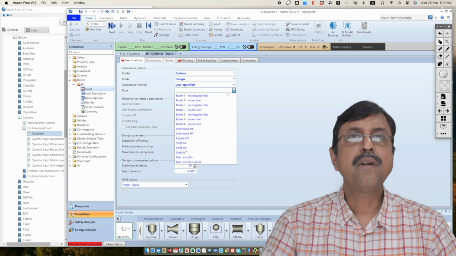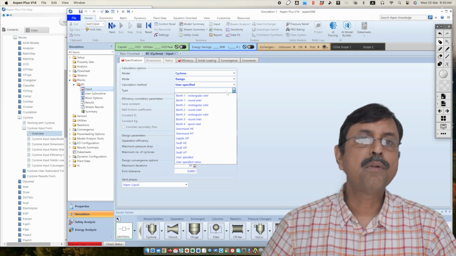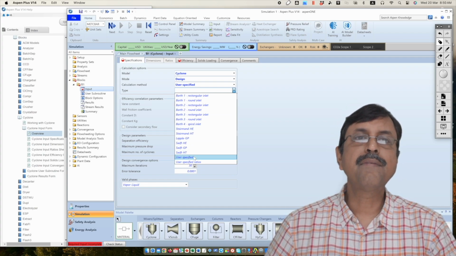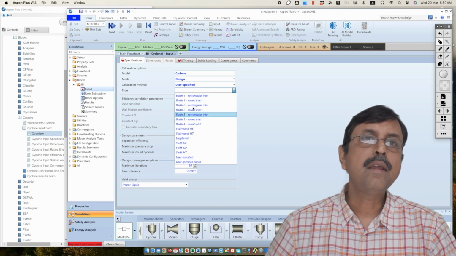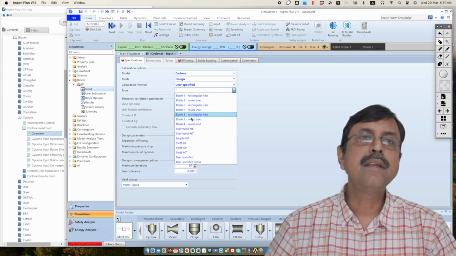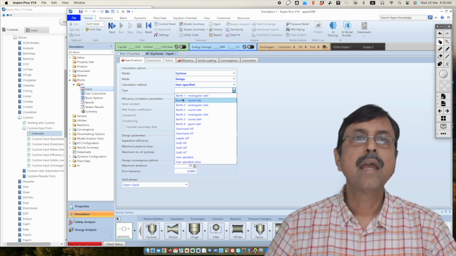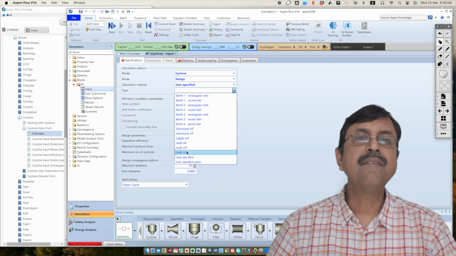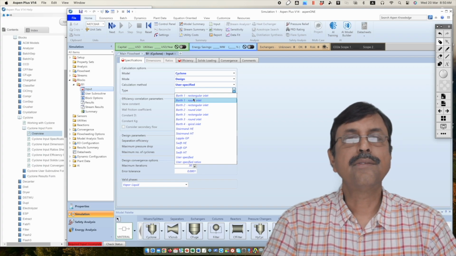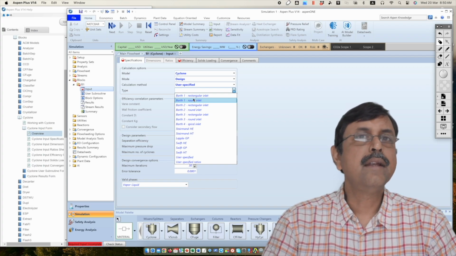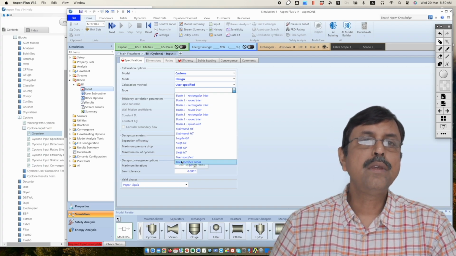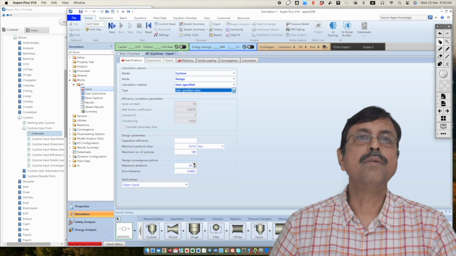So all this information, either you can provide through your user-specified data, or you can use any one of these well-established types. And all those papers are available in the literature, so you can use them as you find suitable. For instance, you use user-specified ratio.